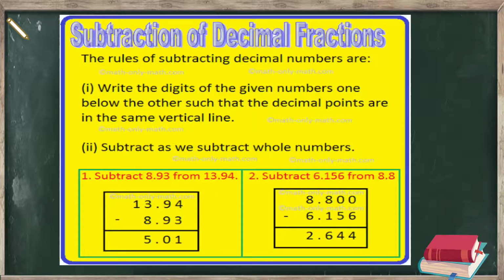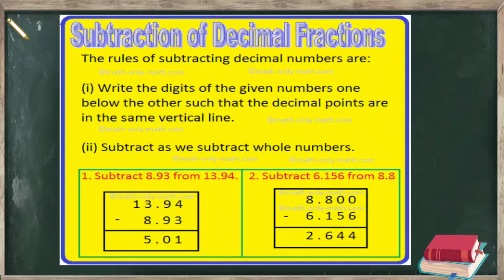Now we move on to subtraction of decimal fractions. The rules of subtracting decimal numbers are: write the digits of the given numbers one below the other such that decimal points are in the same vertical line.